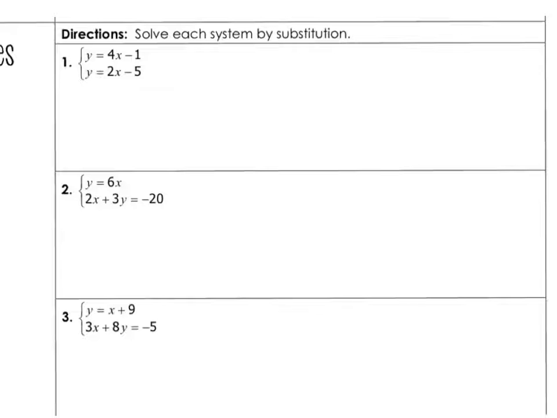Okay, so for number 1, we have two equations: y equals 4x minus 1 and y equals 2x minus 5. Well, we already have y equal to something. So what we're going to do is take this y equals 4x minus 1 and plug in this 4x minus 1 for y in our second equation.